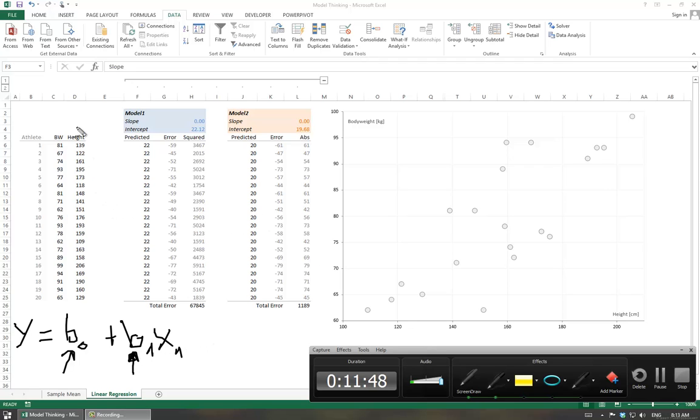We can also have multiple variables over here, so b2, x2, so this could be age or whatever. And so with the linear regression, we are trying to find these coefficients, or the slope and intercept.